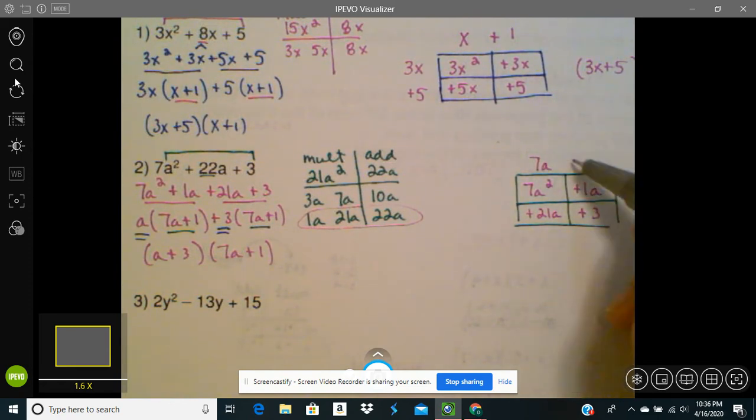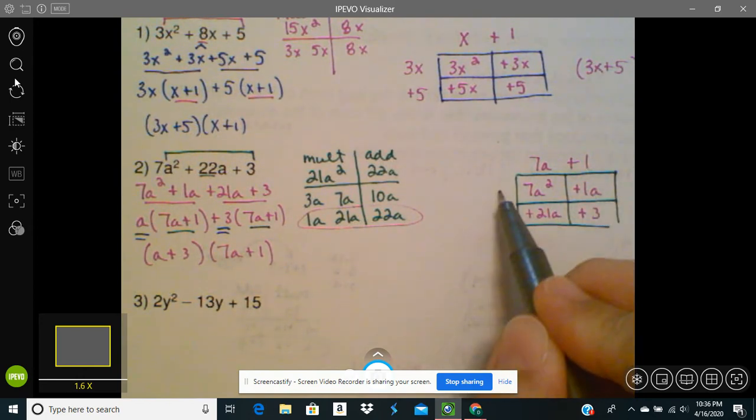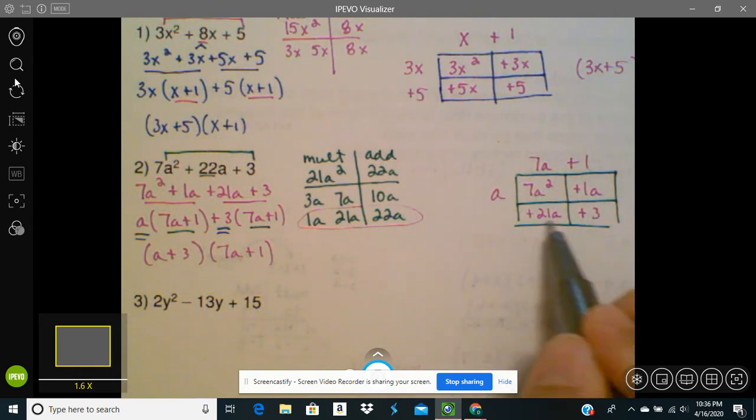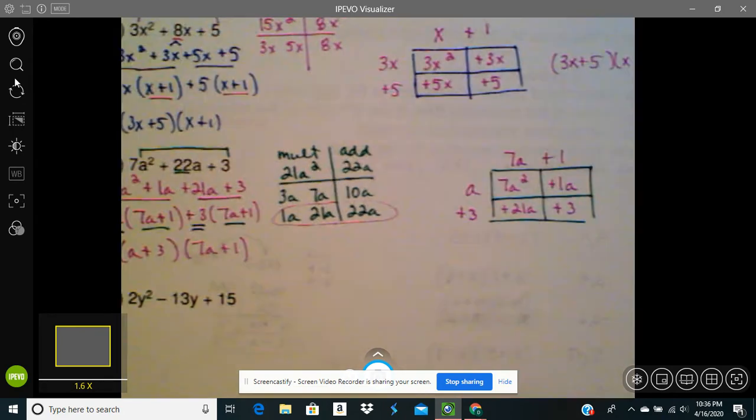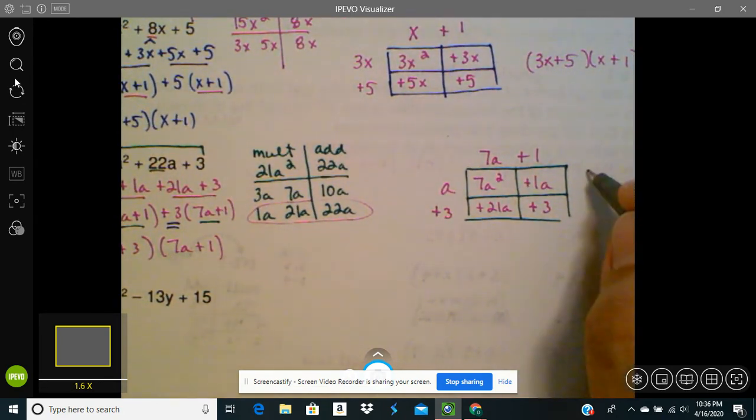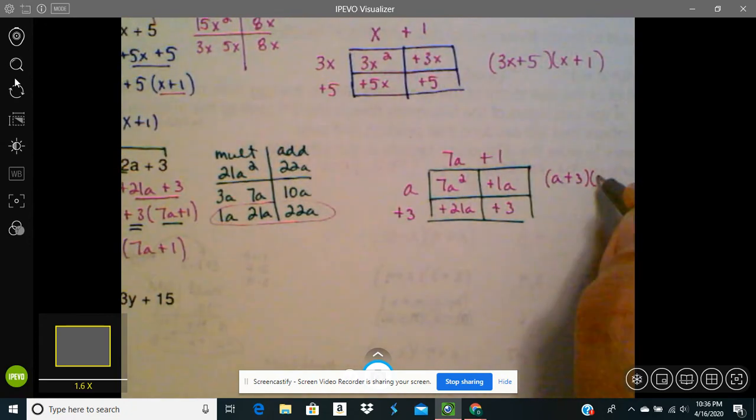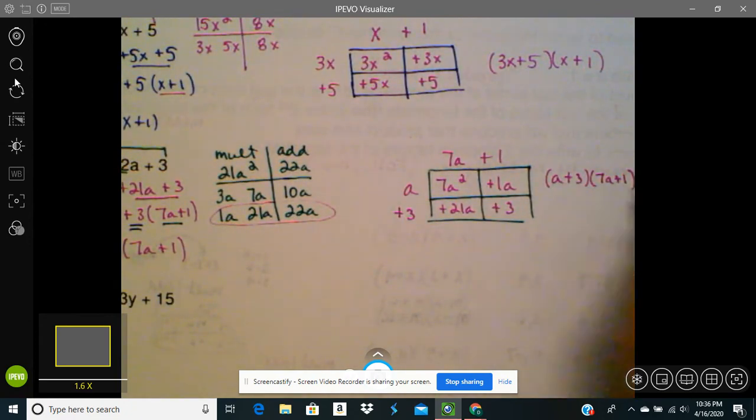The greatest common factor here is 1. In this row, the greatest common factor is a, and in this row, the greatest common factor is 3. So my final answer is going to be a plus 3 times 7a plus 1.